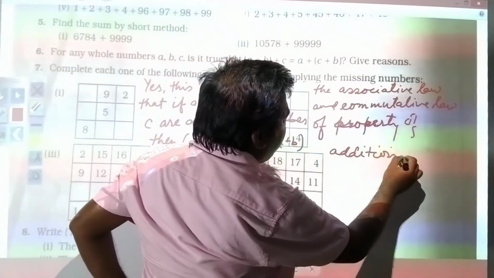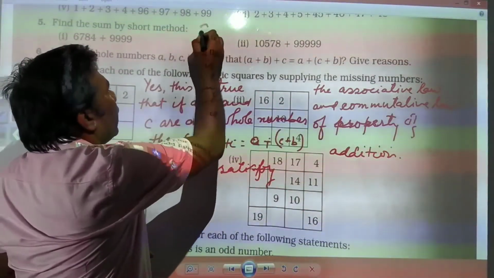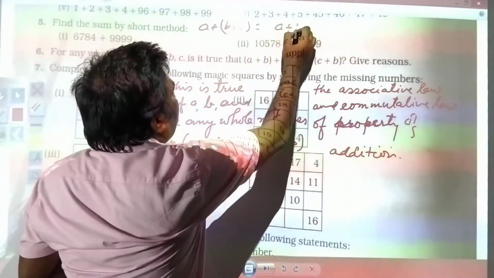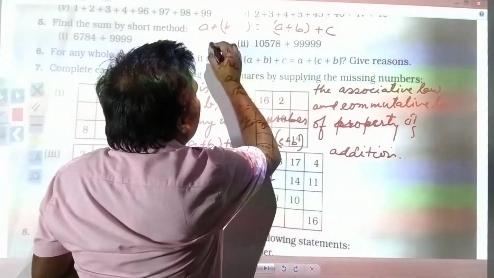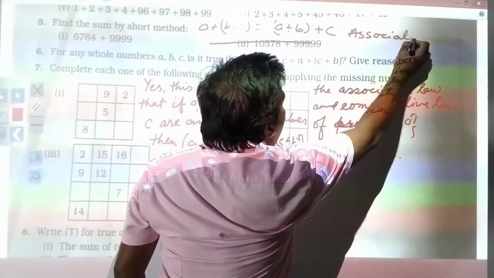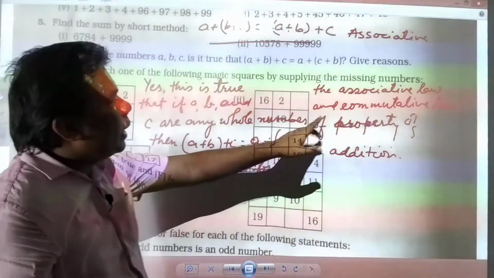Here, if you remember, in associative law, A plus B plus C can be written as A plus B plus C. This is associative law. This you remember. Second, what is there? Commutative law.